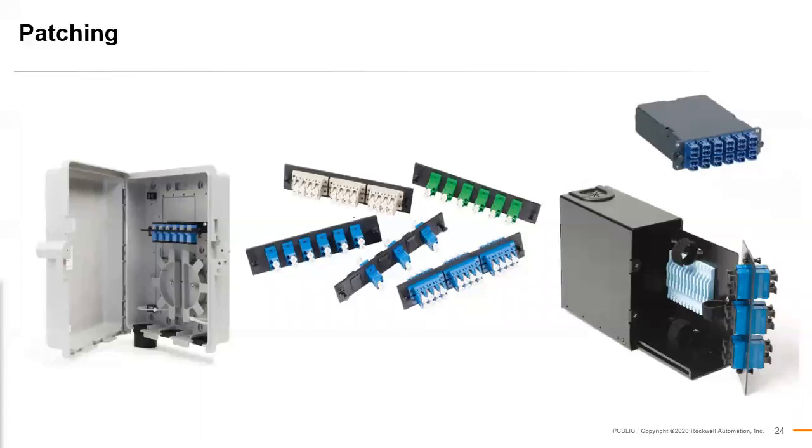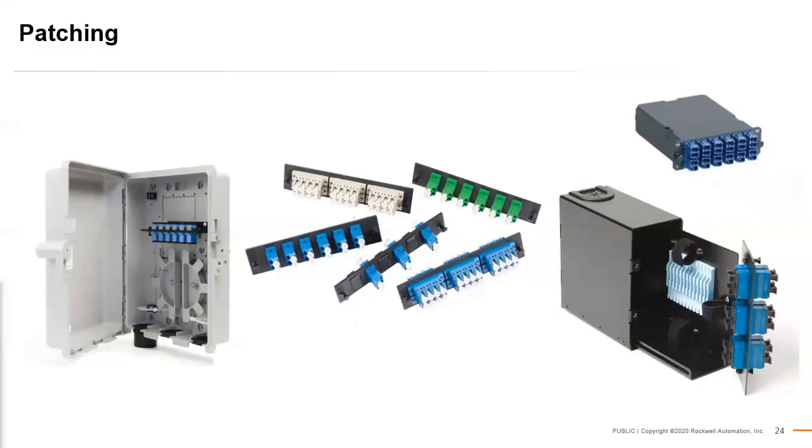But where I'm going with this is these patch panels are actually allowed to be put into the system. They're engineered into it. There's reasons why they're there. They will make your life easier down the road as you have to change your fiber network. And what you're seeing here are different examples. These things all come in rack mount, wall mount, or the one in the lower right is actually a DIN rail mount connector.